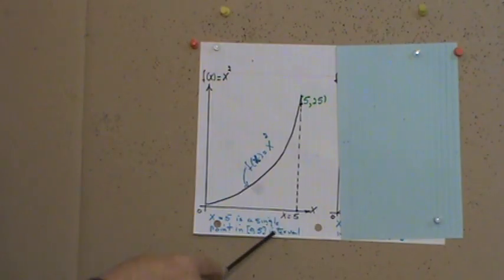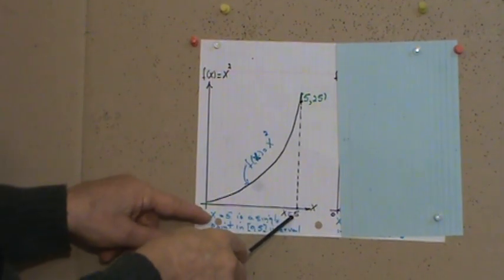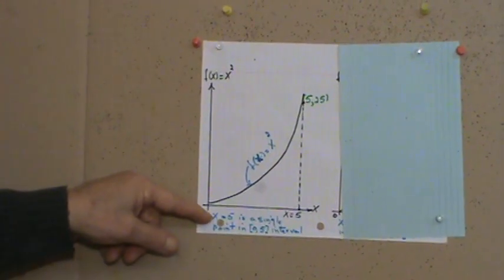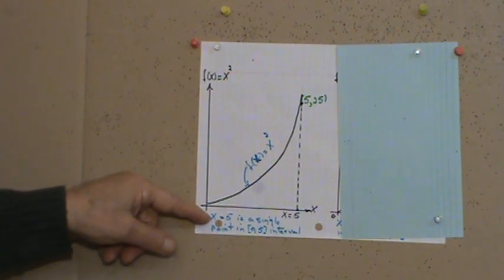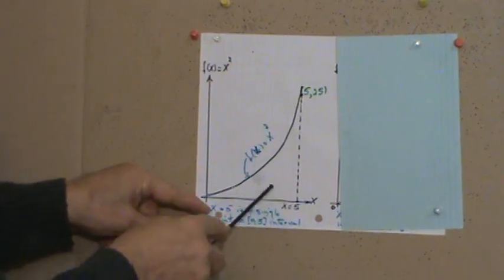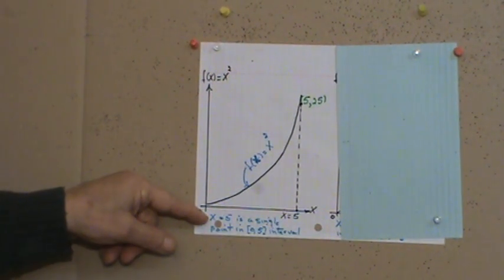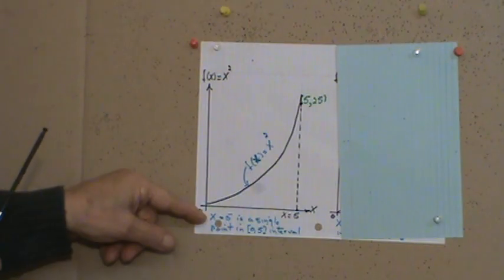Look what happened. If I give it 5 on this graph, f of x equals x squared, it gives me 25. You see that? So the output of that is the same as the output of the area under the derivative function. So that makes my conjecture stronger, that the area under the graph of the derivative is the original function in a sense. You with me so far?